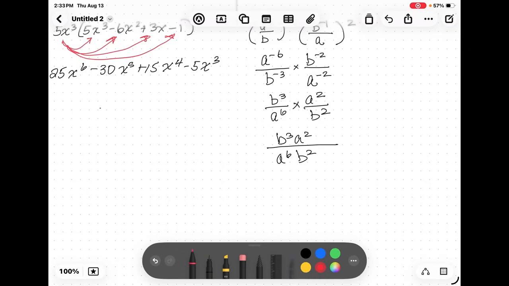And then I can notice it back here. But maybe I notice even more that I've got these b's that I can group together. And you can rearrange these. That's the commutative property, right? I could rearrange this and say, well, that's b cubed a squared over b squared a to the 6th.